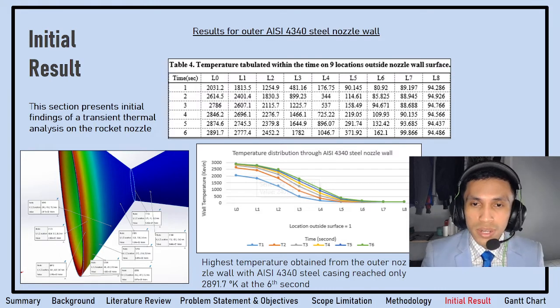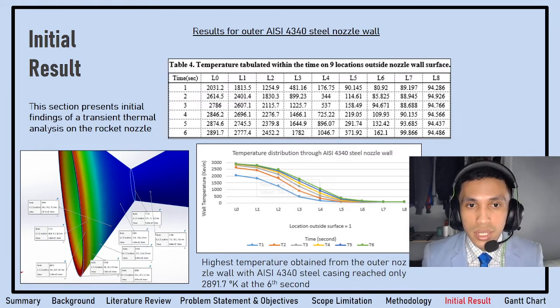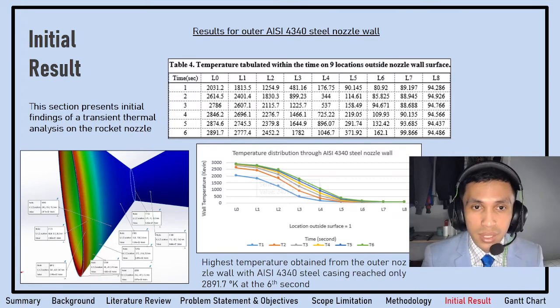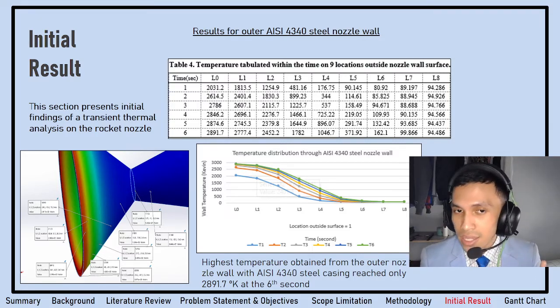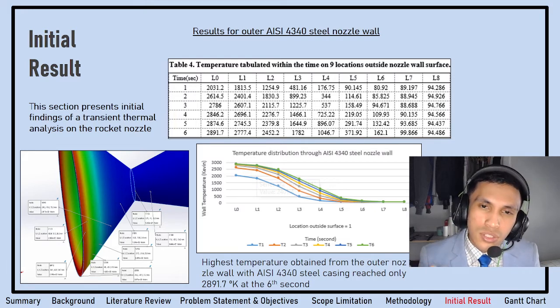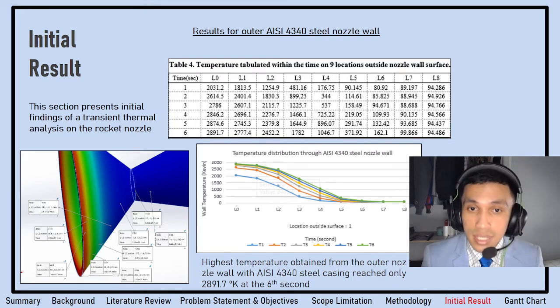Based on a few literature reviews, it is stated that there were results showing that the nozzle casing material had begun to lose structural integrity strength, but it happened at the end of the combustion burning time. Hence, the nozzle structure can still withstand the heat received.